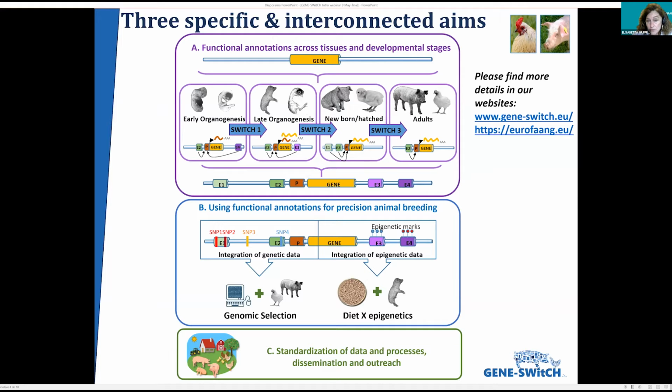B is for using the functional annotations for precision animal breeding. It's the focus of today. And C is about standardization of data and processes, dissemination and outreach, which is another main pillar of this project.